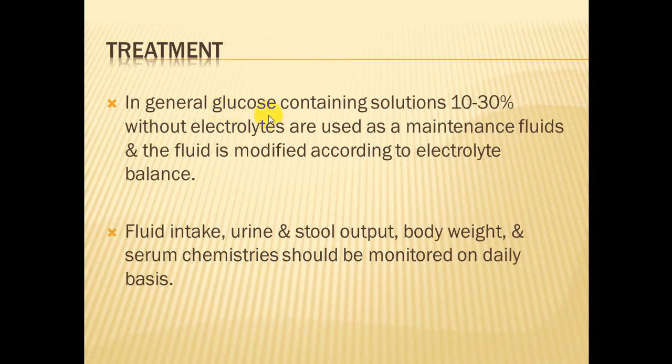The type of fluid is mostly glucose containing 10 to 30%. Mostly it is 10% without electrolyte as maintenance fluid, and this fluid is modified according to the electrolyte balance. Fluid intake, urine, stool output, body weight, and serum chemistry must be monitored and put in the chart.